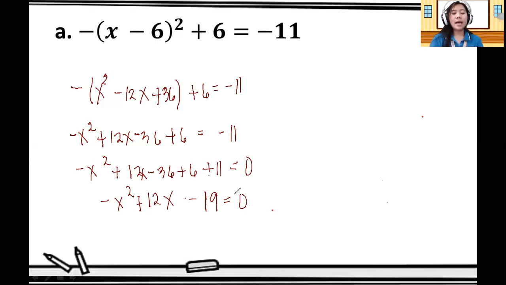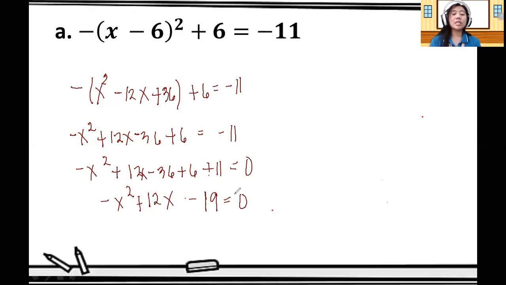Kapag po nag-a-add tayo ng dalawang number na magkaiba po ng sign, okay, kinukuha po natin yung difference nila. Then, after getting the difference of the two numbers, okay, we copy the sign of the bigger number. So, the bigger number is negative 36, so the sign must be negative.